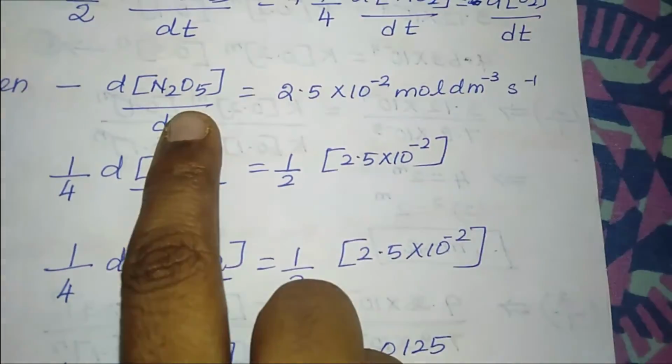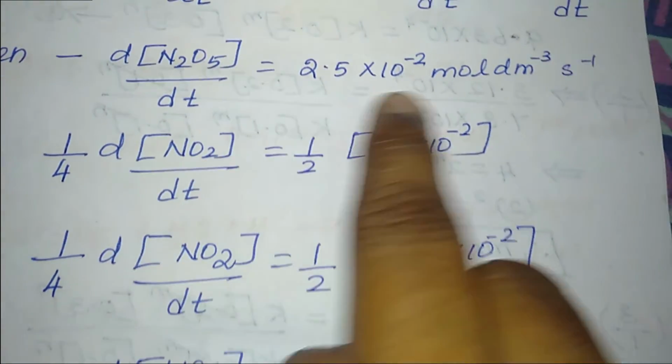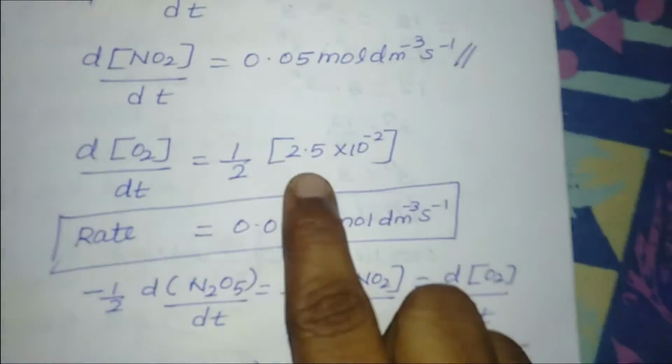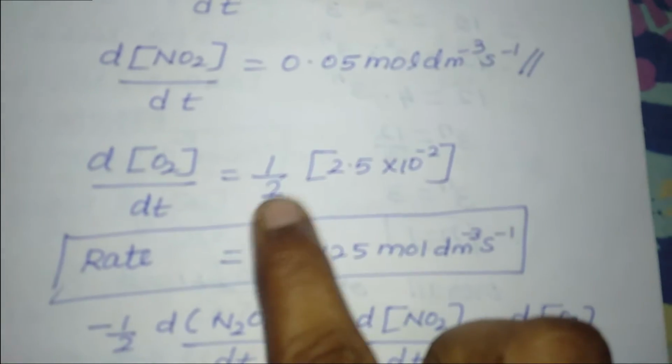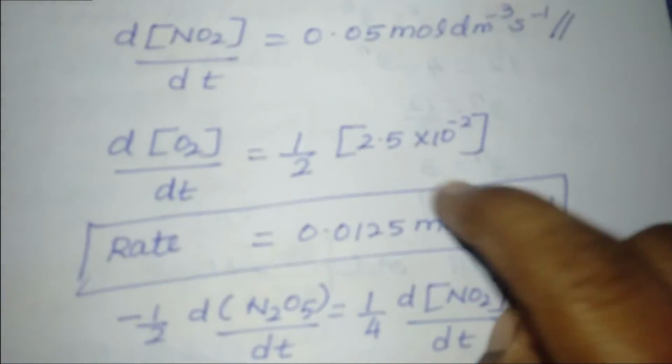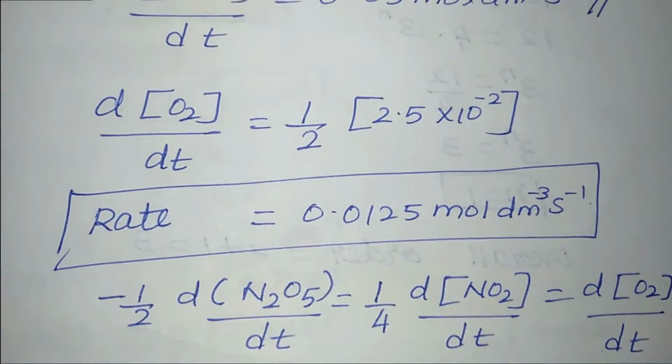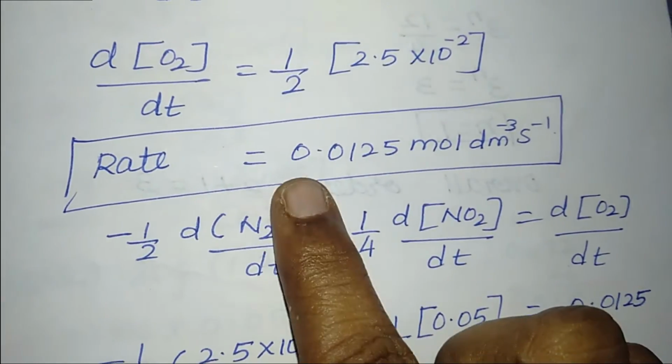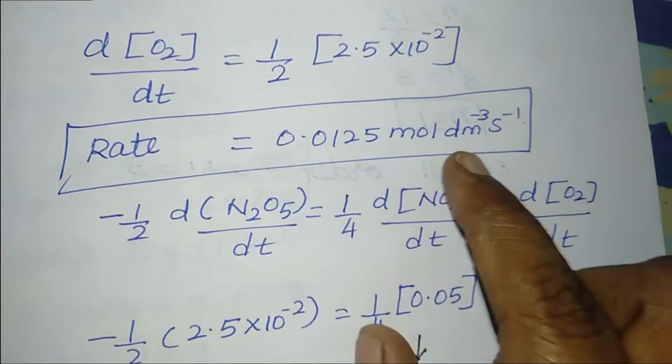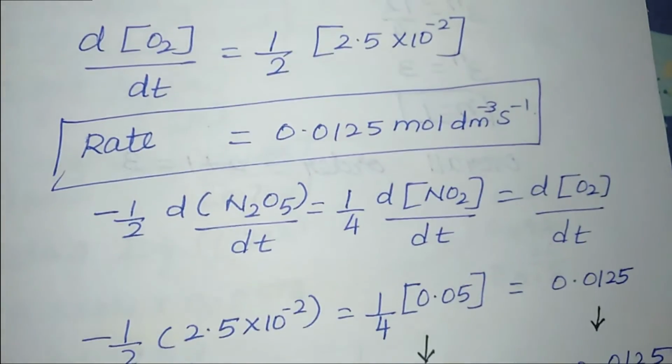So instead of that, what can we write? We can write, because for this they have given in the question. So I am taking this. So when you divide this 2.5, what will you get? You will get 0.0125 mole decimeter cube per second, isn't it?